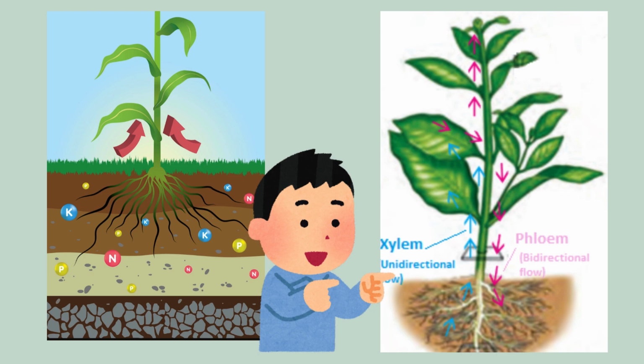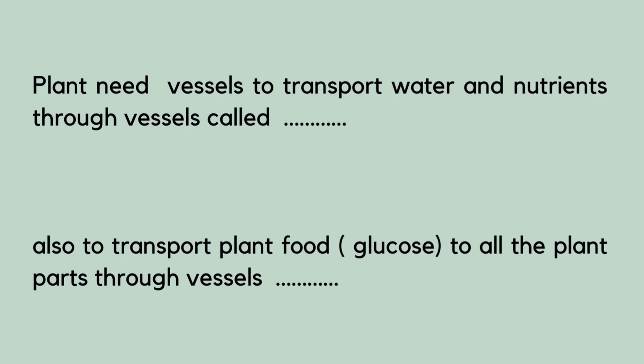So here we need something that transports these nutrients and this food, okay? So we need vessels or tubes, okay? So the plant needs vessels to transport water and nutrients through vessels called what? You remember its name? Yes, xylem.